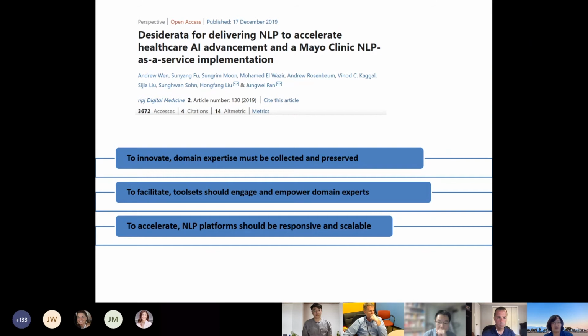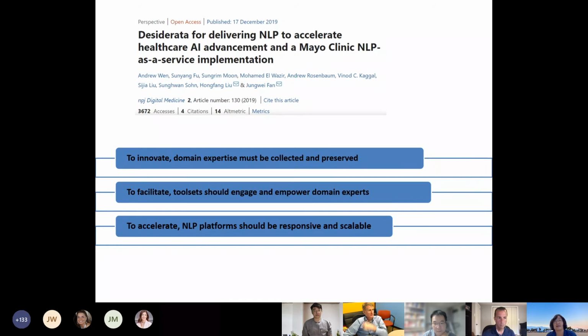We want to empower researchers so that they can leverage EHR unstructured data for their research. So in the last 5 years, we have been championing this idea: how do we enable NLP as a service?